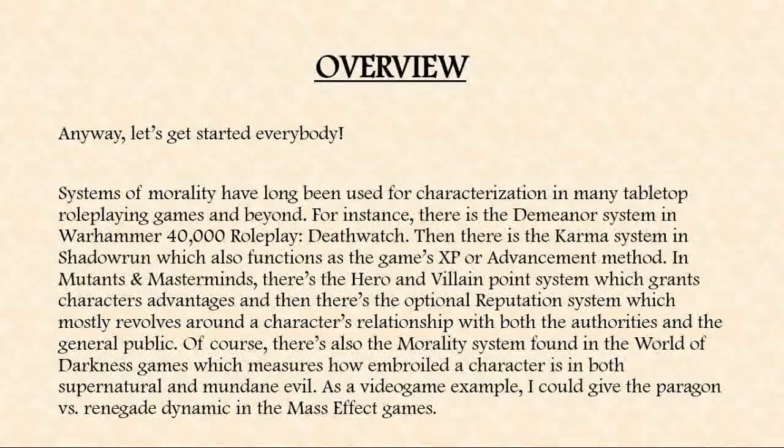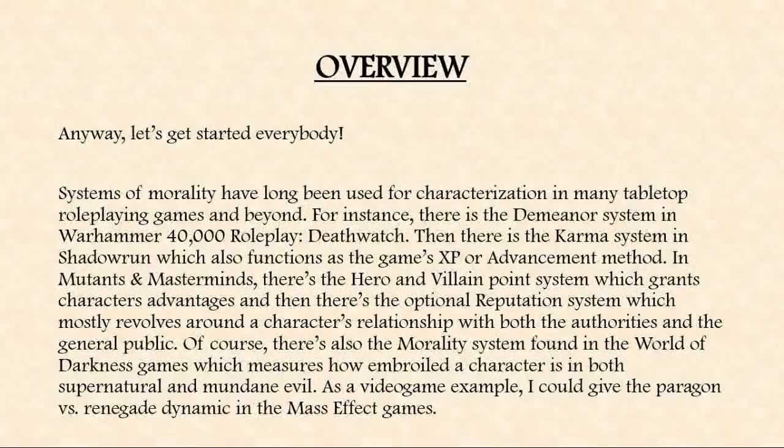Systems of morality have long been used for characterization in many tabletop role-playing games and beyond. For instance, there is the demeanor system in Warhammer 40,000 roleplay Deathwatch. Then there is the karma system in Shadowrun, which also functions as the game's XP or advancement method. In Mutants and Masterminds, there's the hero and villain point system, which grants characters advantages.